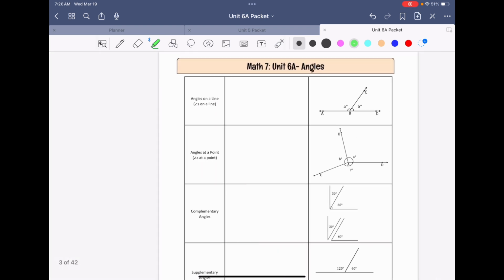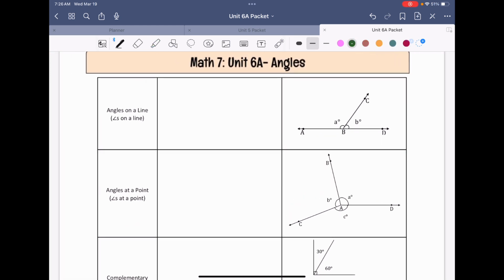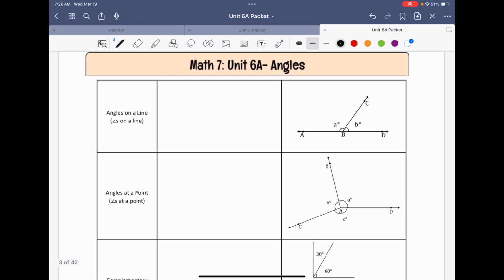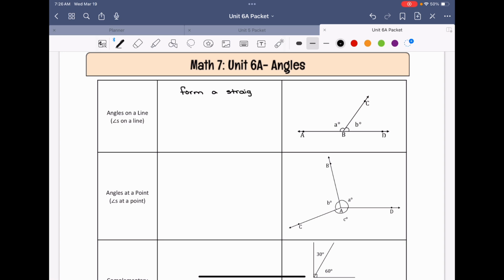Next page. We are also going to look at angles on a line. Angles on a line are exactly what they sound like. They're going to form a straight line. And because they form a straight line, we're going to put our star, they add to 180.